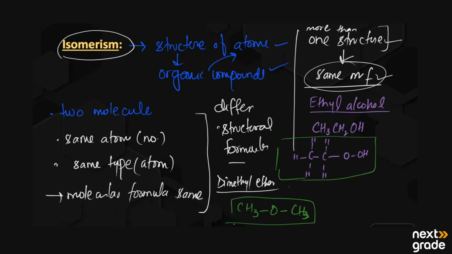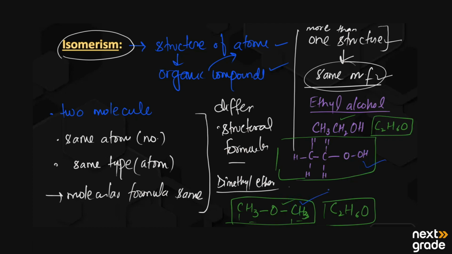By counting here, we have two carbon atoms, C2, six hydrogens, H6, and one oxygen, O, so its molecular formula is C2H6O. Here the molecular formula is the same, but the different thing is their structural formula.